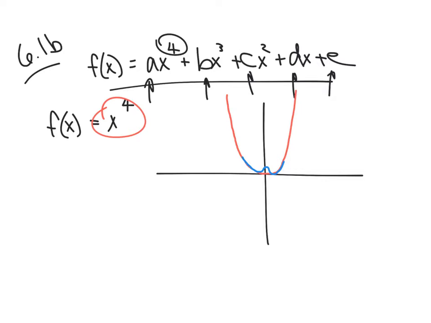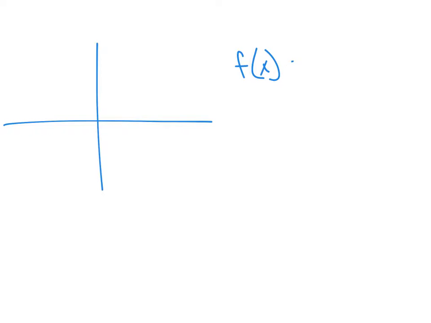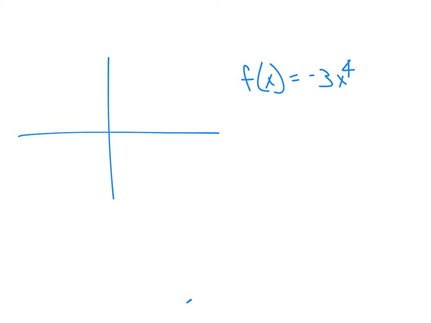Okay, if you look at the table 6.3, bottom of the page, it gives you lots of information. So if you look at the quartic functions down at the bottom, it gives you a couple interesting things there. Number one, it says that if the leading coefficient is positive, okay, so if we have f of x equals negative 3x to the fourth plus 2, or we have 3x to the fourth plus 2, it does a couple different things.